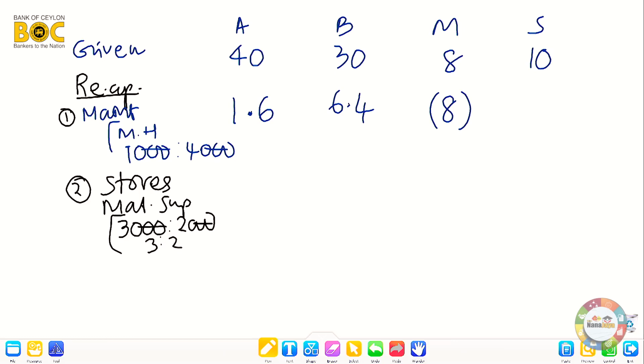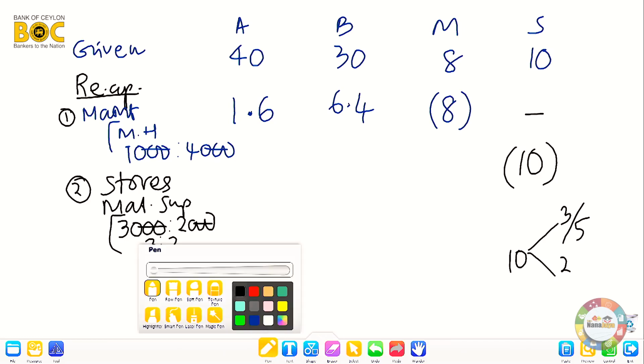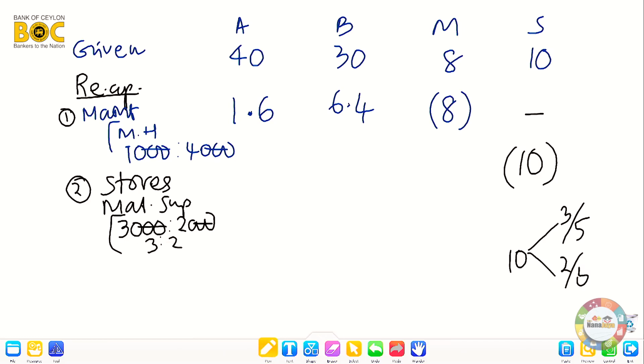Then this 10,000 you allocate in the ratio of 3 to 2: three over 5 and 2 over 5.